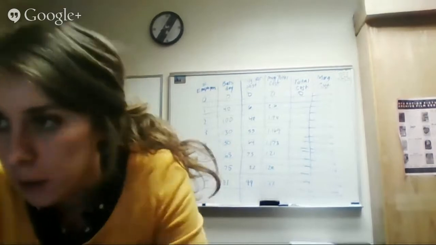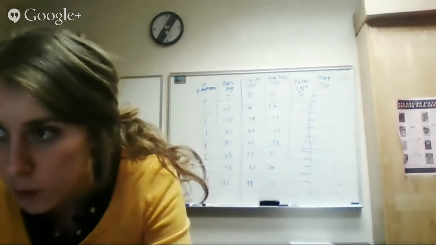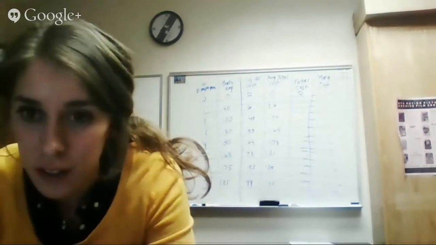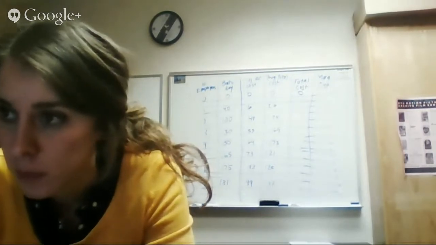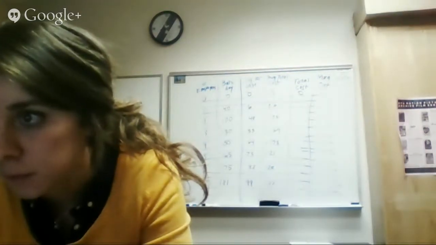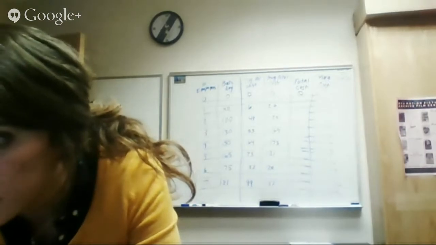Okay, so I'm a little bit unclear on the wording of this problem, and so I'm just going to do my best to calculate it the way I'm understanding it. Let me take a look here for a second and just make sure.